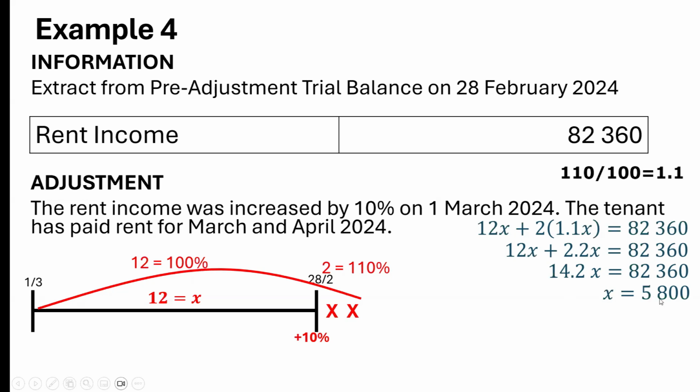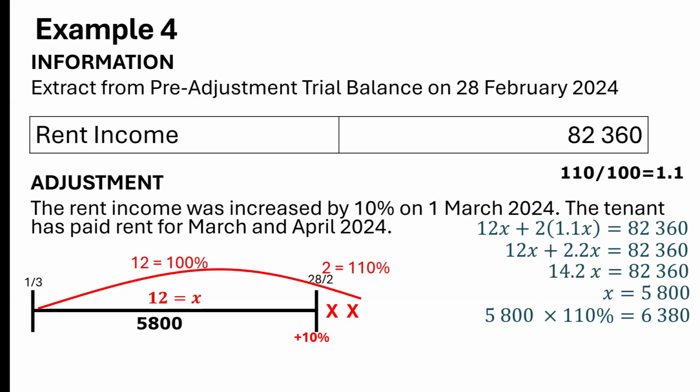So x is 5,800. Now keep in mind that 5,800 is before the increase. We want after the increase. So therefore, I'm going to say 5,800 times 110% to include that 10% increase.